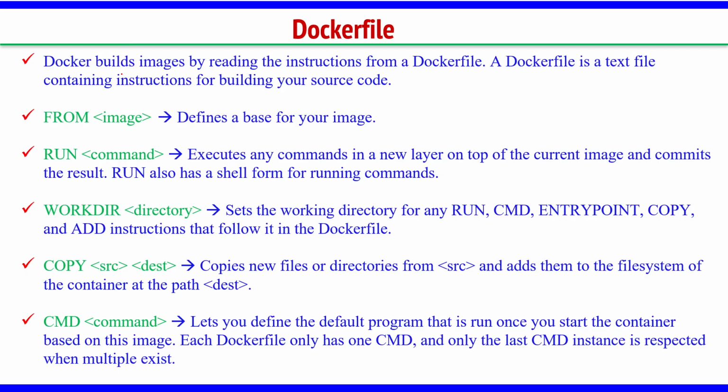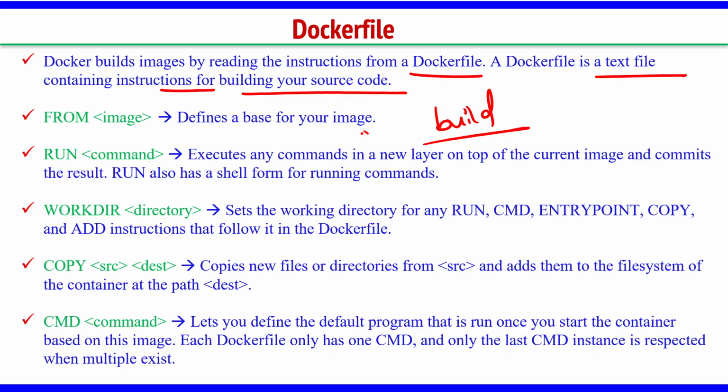So, Docker builds images by reading the instructions from a Dockerfile. An image is built by reading the instructions from the Dockerfile. A Dockerfile is a text file containing instructions for building your source code. We are making a build. Build means, as we said before, a program written in .java is converted into an executable format like .jar.